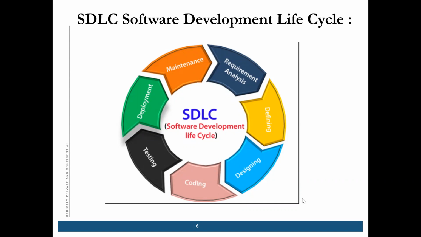So that is done by the senior developers, architects, and all the big people of your projects. Coding is done by everyone, junior developers and senior developers, everybody's involved in coding. The testing part, as I've told you, is done by the quality people, like testers.